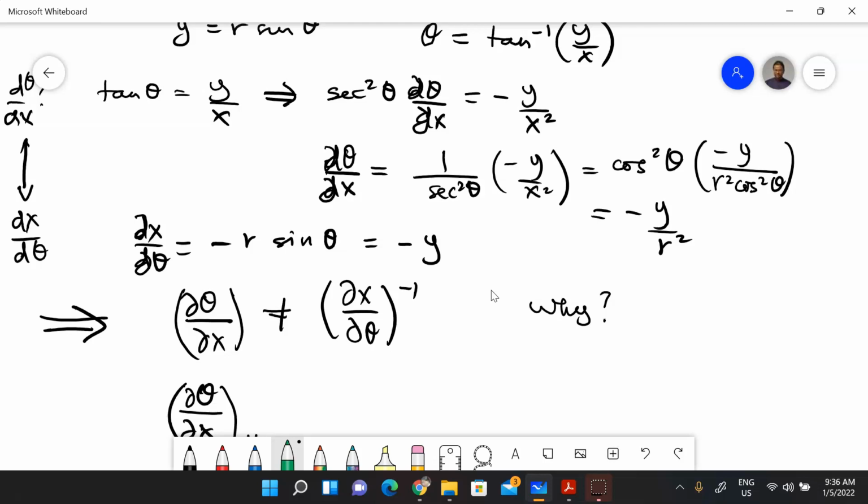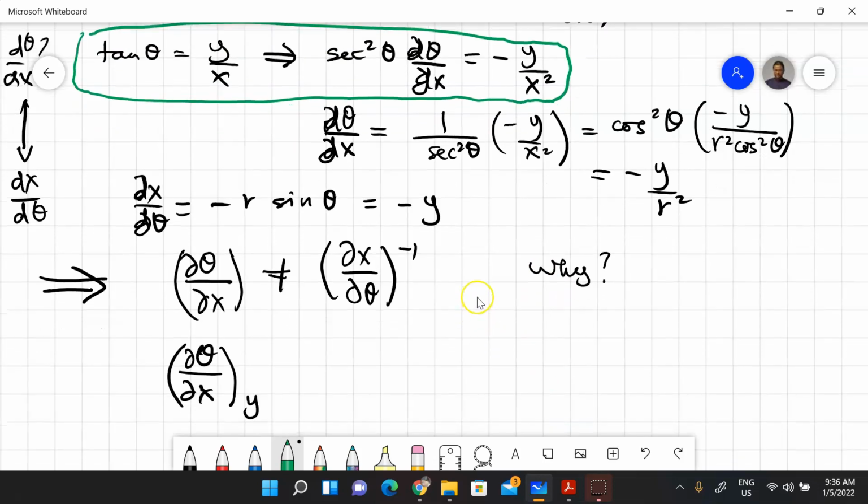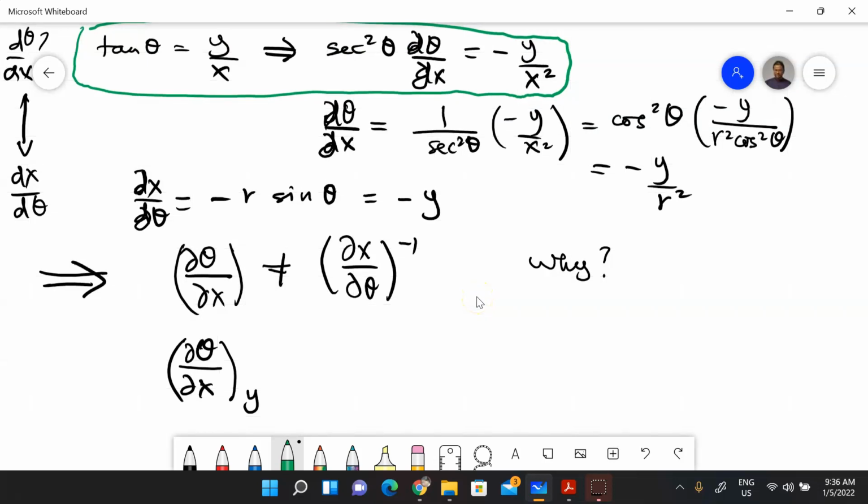So what we did in this particular set of equations, when we take the derivative with respect to x, this is trying to get partial theta partial x. When we do this differentiation, we are keeping y constant. That's the reason why I'm putting a y over here, to say that I'm keeping y constant.